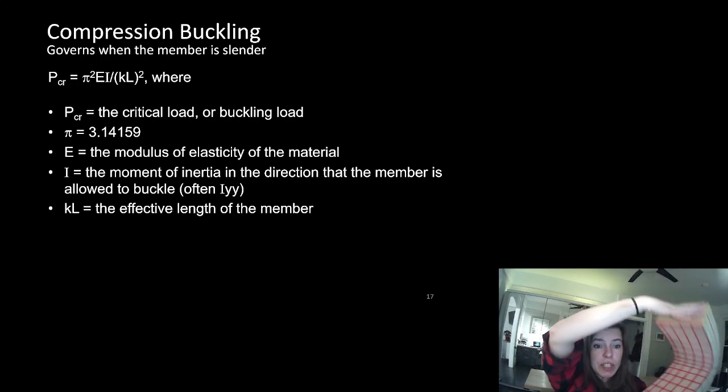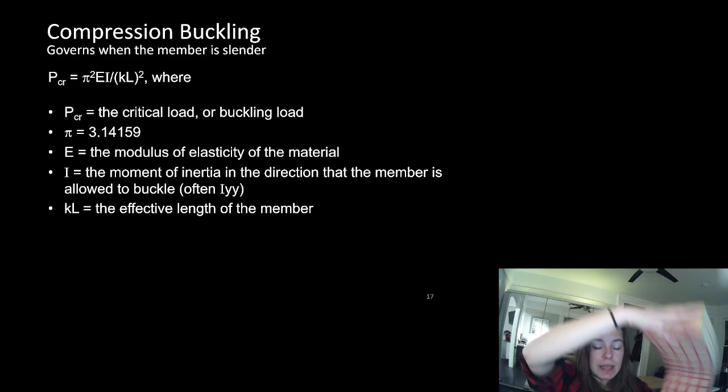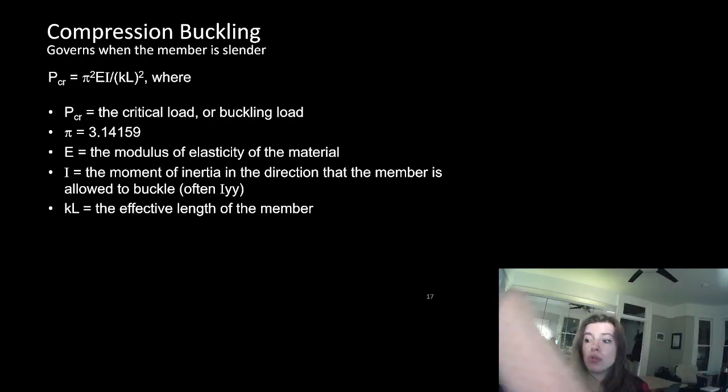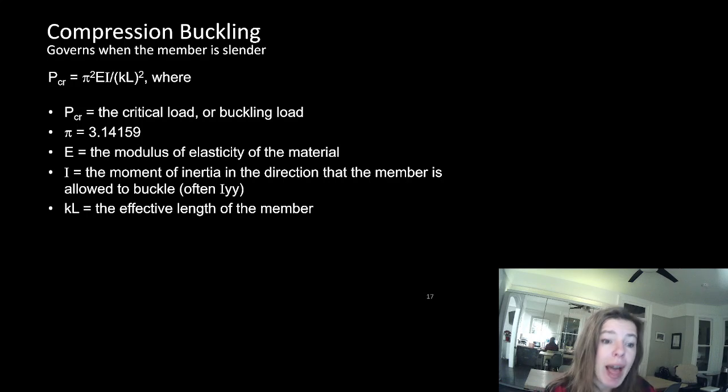When I'm squashing this and it's buckling, what direction is it going? It's going in its weak axis. It's not trying to buckle in its strong axis. So it's buckling about the YY neutral axis.